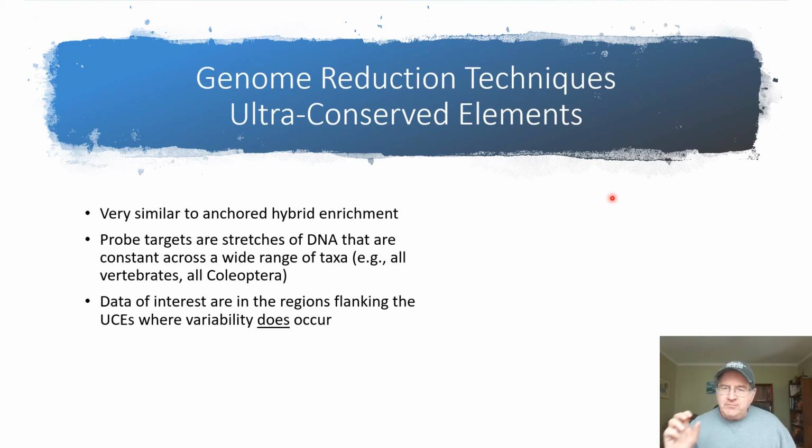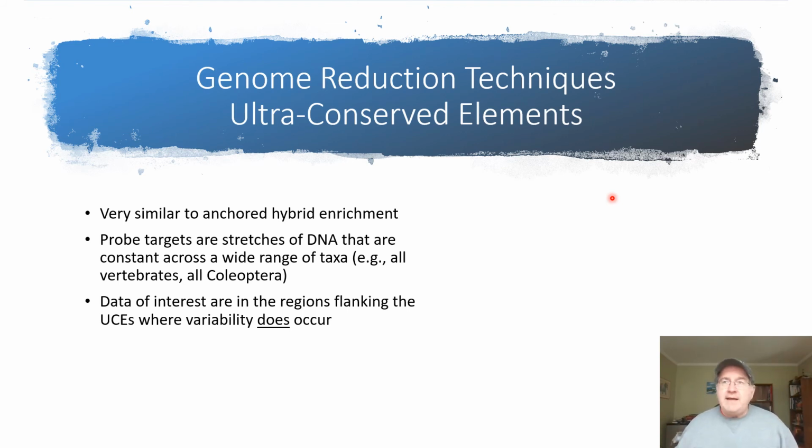So the ultra conserved means that the sequences are the same across a wide variety of organisms. Therefore, your probes will bind with the DNA from a wide variety of organisms. But if they're ultra conserved, that means that the DNA you might sequence from where the binding of that probe takes place is basically going to be useless to you, because there's no variation to tell you which species are more closely related to one another than they are to another species.